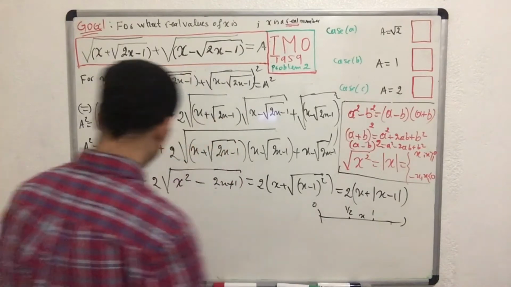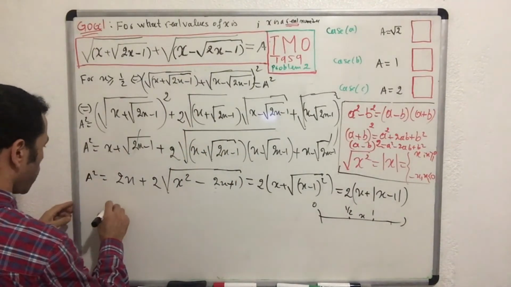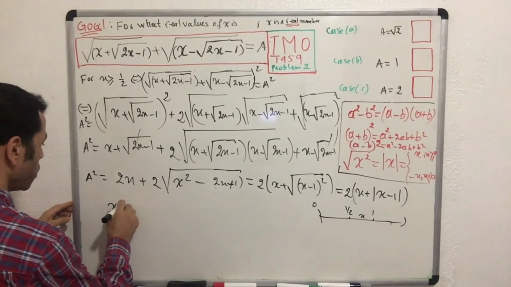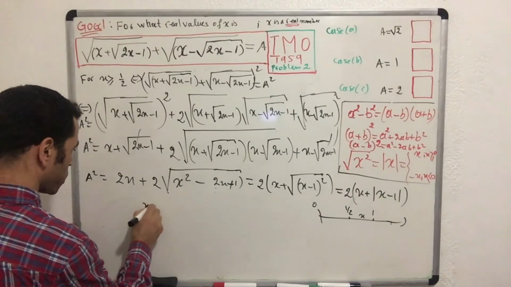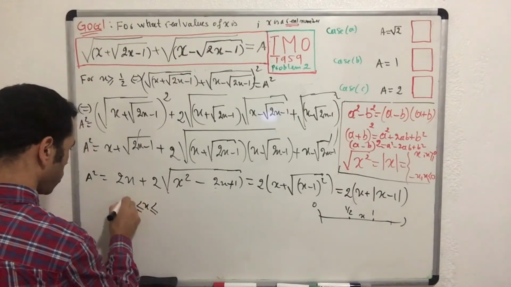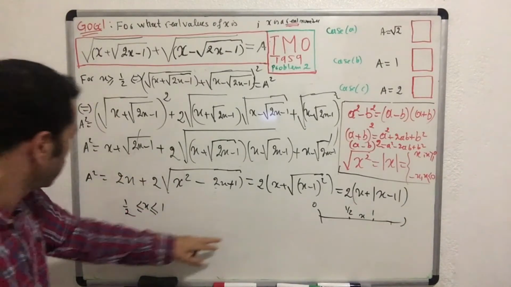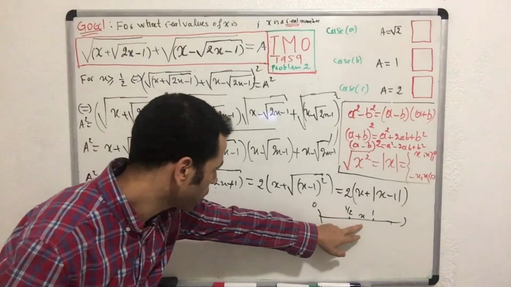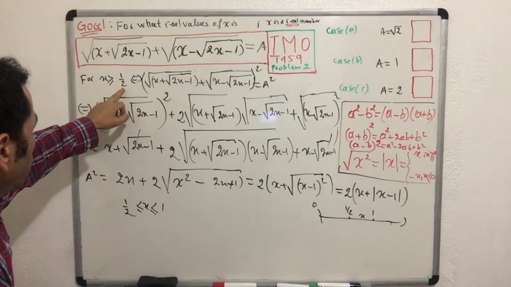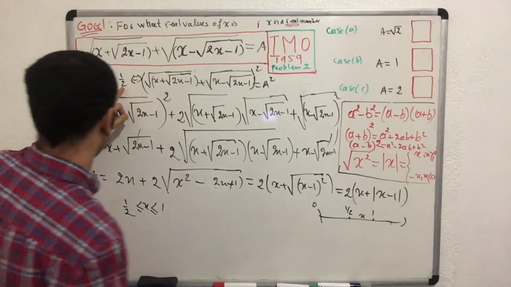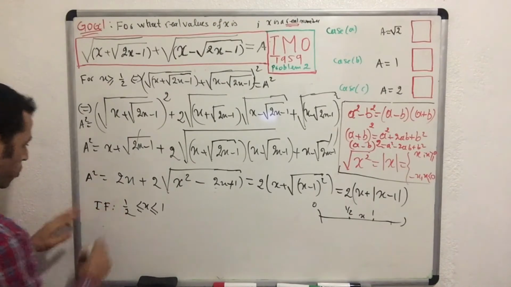Let's see. We know this one, right? So we know x is superior or equal 1 over 2, x between 1 over 2 and 1, right? We know that because we have x here, because x is superior or equal 1 over 2. This is what you put as a condition if we have two cases.